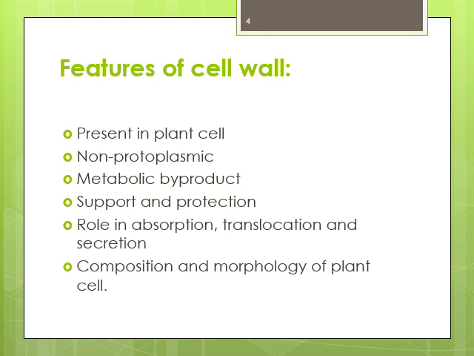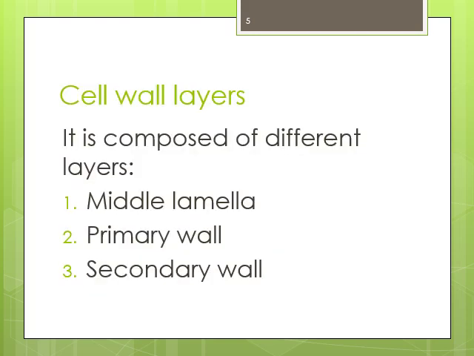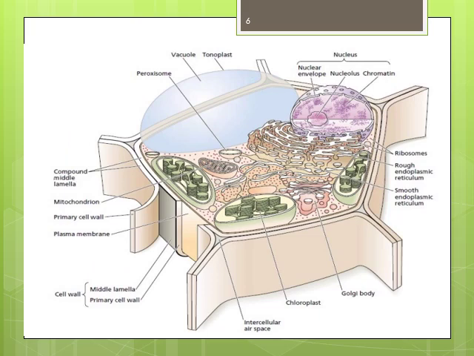The morphology and the composition of the cell wall vary to a different extent. So basically, the cell wall consists of 3 layers. One is the middle lamella, the second one is the primary wall, and the third one is the secondary wall. So here we have another pictorial view of the cell wall.